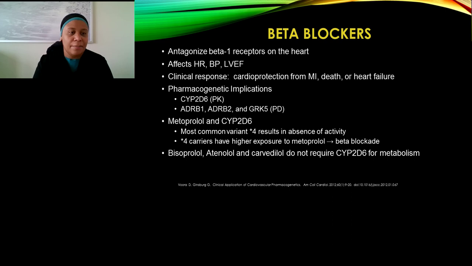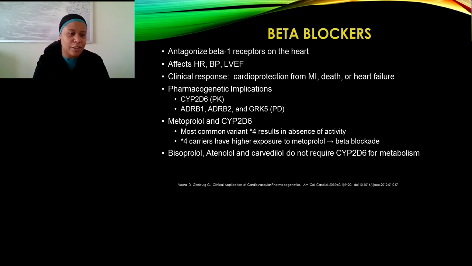Beta blockers are, again, back into cardiology. The enzyme involved we're looking at is CYP2D6. And the most important thing is patients who have extended beta blockade because of being exposed to metoprolol.